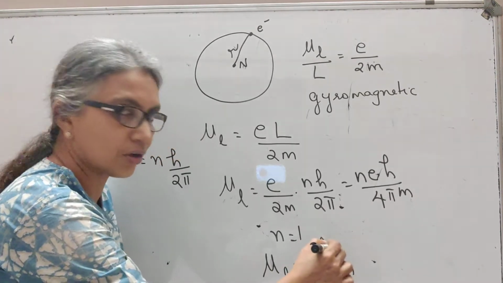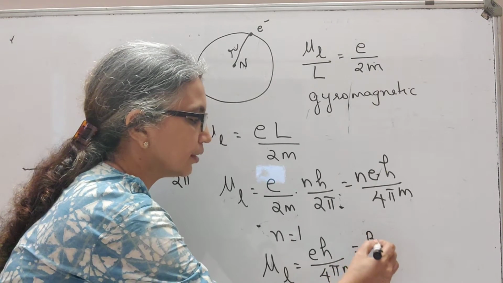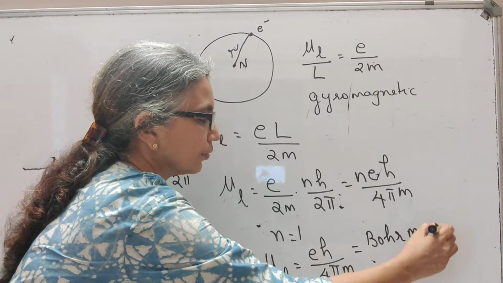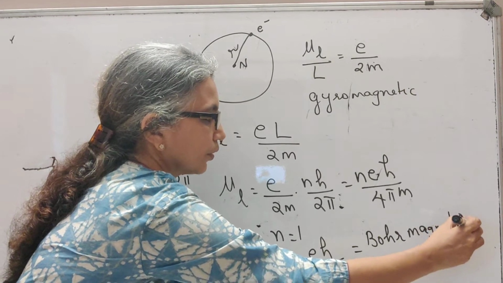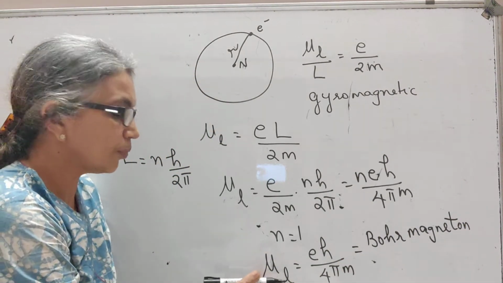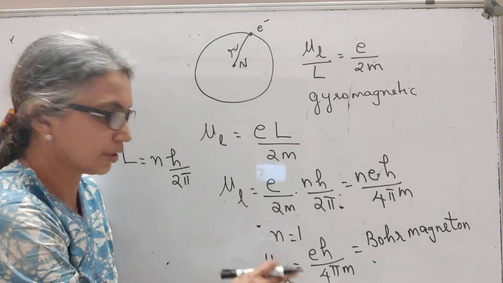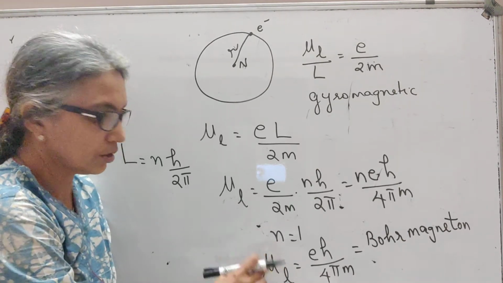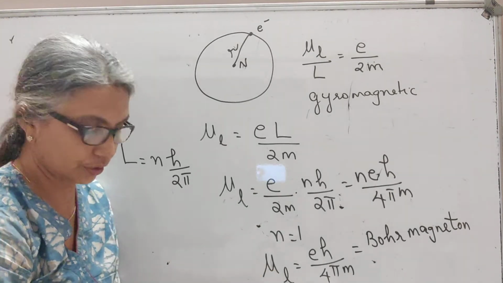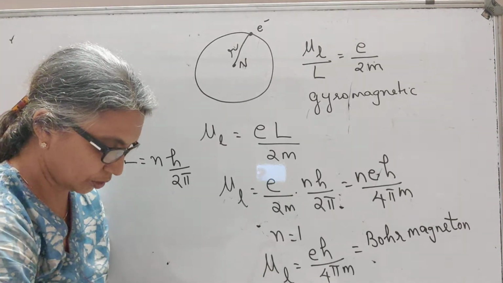So this whole thing is a constant, which is called the Bohr magneton. Bohr magneton is defined as the dipole moment of an electron in the first orbit, because we took n equal to 1. So this is the derivation for the dipole moment of an electron. That was the second topic in your textbook.